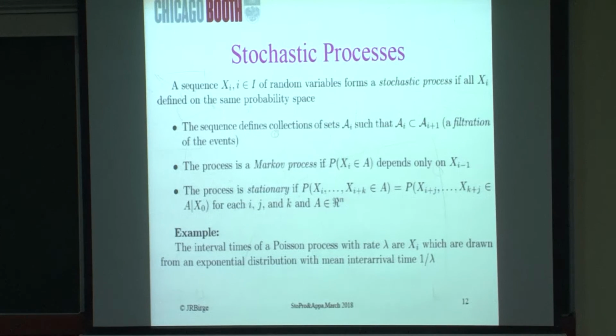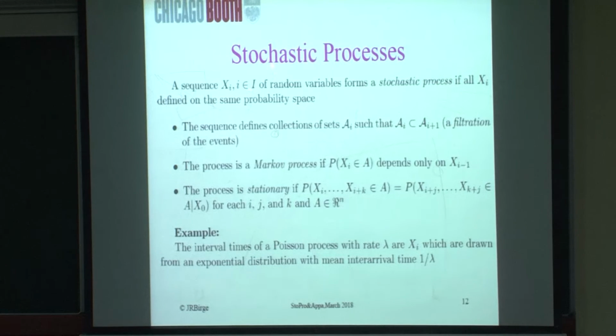So I know the temperature of a day, I know the temperature of tomorrow, I know the temperature of the third day. All of those are giving me finer and finer information about the set of possible futures. So I get more and more information. This is called the filtration of the events. As I get more and more information, that means I have more and more of these subsets.